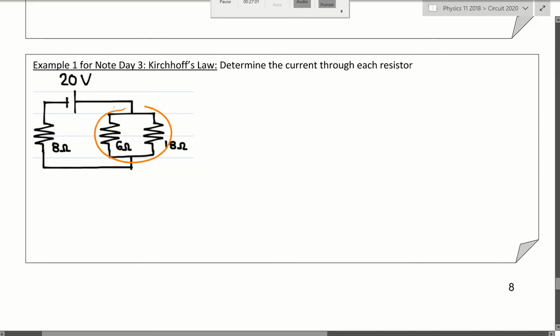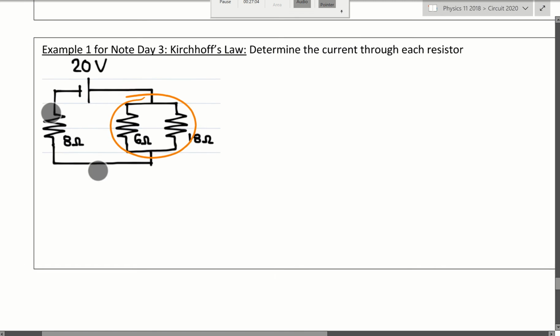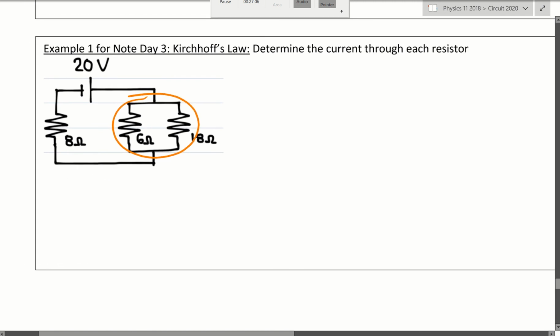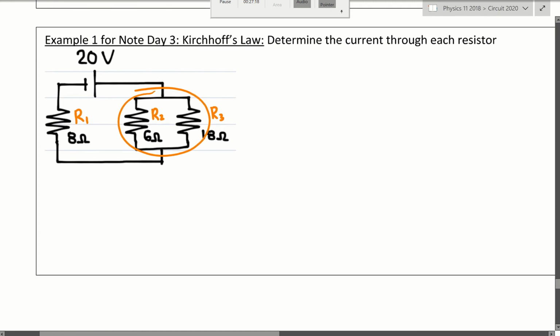Before doing that, I'll first find the equivalent resistance from this parallel branch in here. So I'm going to label them. This is R1, this is R2, and this is R3. I'm going to have voltage and current next to each also. So I'm going to find R total. Now this is V total in here.